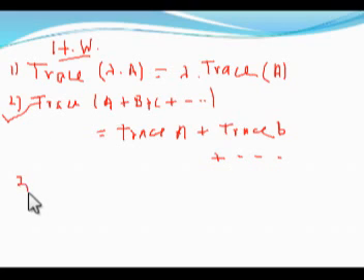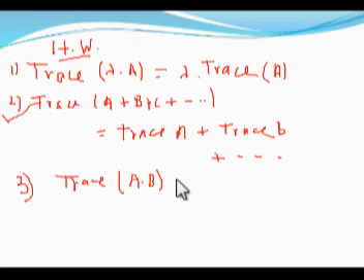And third is very important: the trace of the matrix multiplication of A and B. This is true even though matrix multiplication is not commutative.